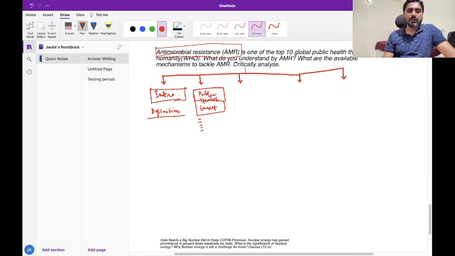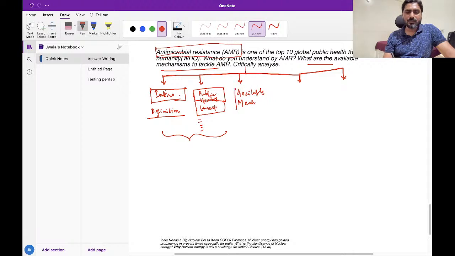Now here, what do you understand by AMR? So in fact, in these two parts only you are able to give your understanding of AMR. So if you want to write more about AMR, then you can go for further description. But here you can jump to this part, what are the available mechanisms to tackle AMR. So here you need to write some of the available mechanisms to tackle AMR.